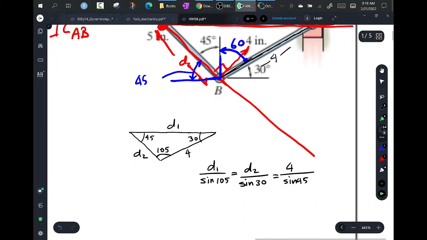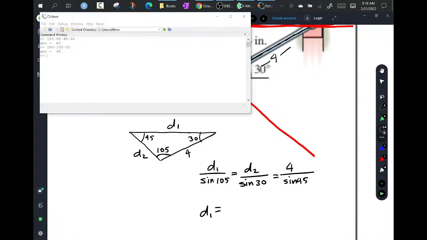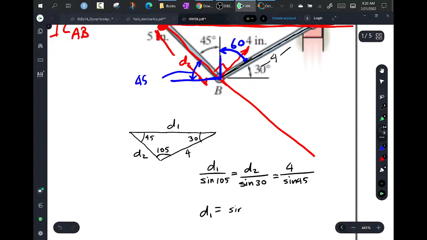So now I can come up with D1. I'll write it down first: sine 105 times 4 over sine 45 gets me a number.